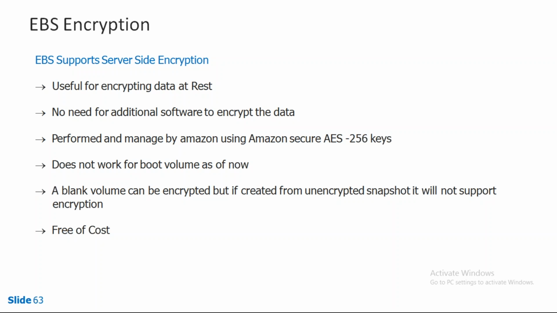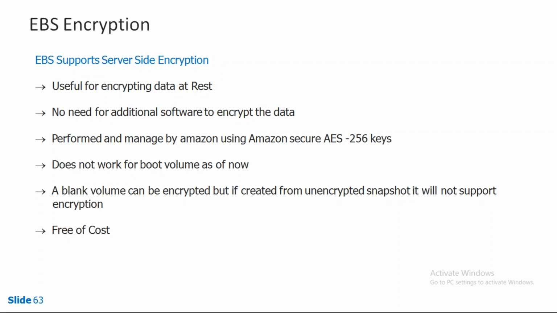So, EBS encryption. EBS supports server-side encryption. What do we mean by server-side and client-side encryption? We'll discuss it in more detail in S3, where there are different types of encryption. For now, understand that server-side encryption is when, once the data is uploaded into the server, you encrypt it there.